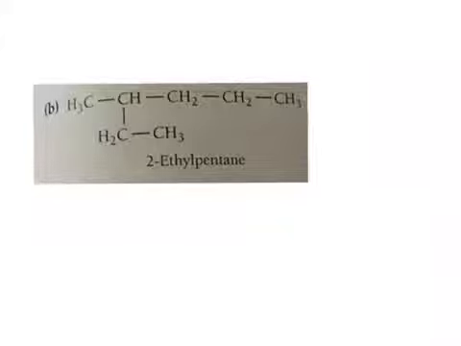So what I'm going to do is erase this back here. And when you look at this, you first have to identify the longest carbon chain. And the longest carbon chain is actually starting here at this carbon and then working your way around this way.